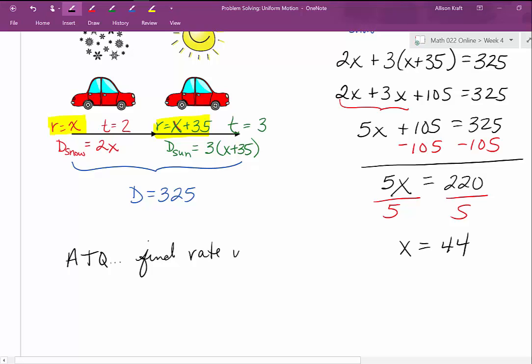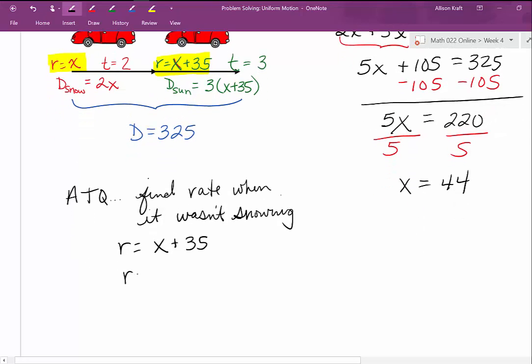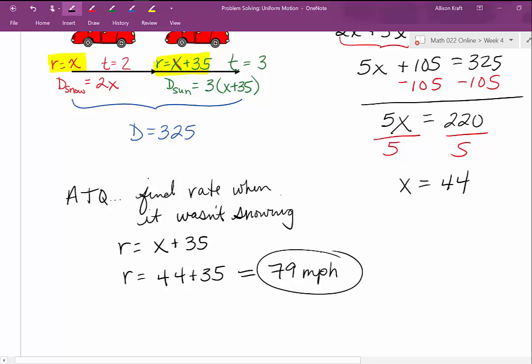Find the rate when it wasn't snowing. The rate was equal to x plus 35. It's going to be 44 plus 35, 75 miles per hour. She was clearly making up for lost time.